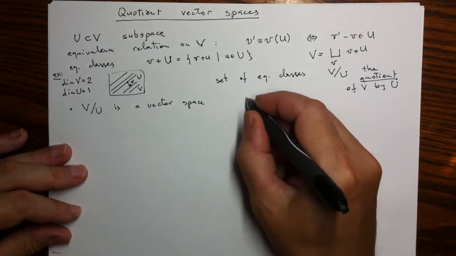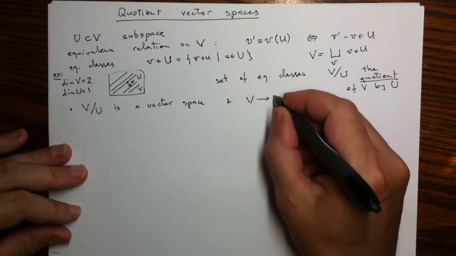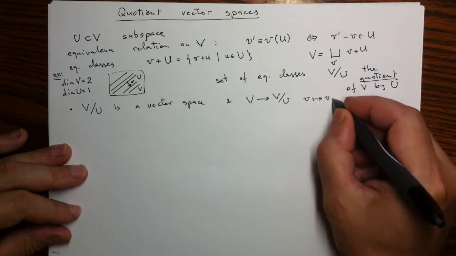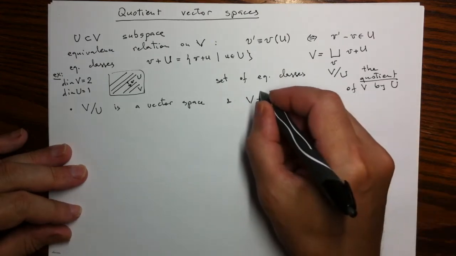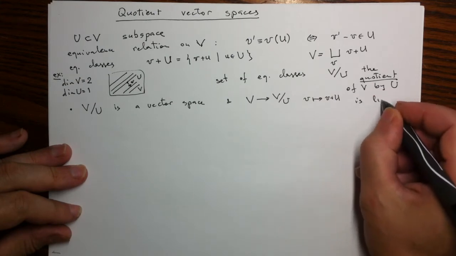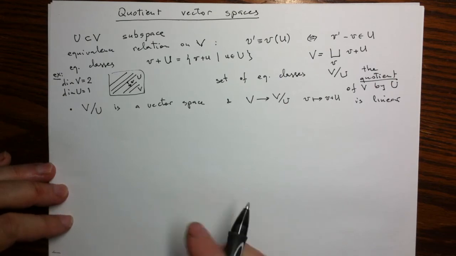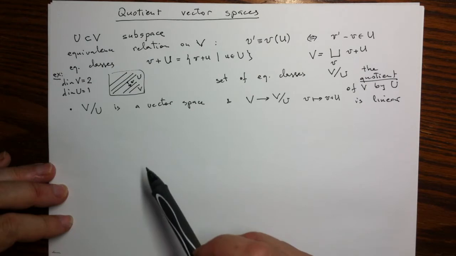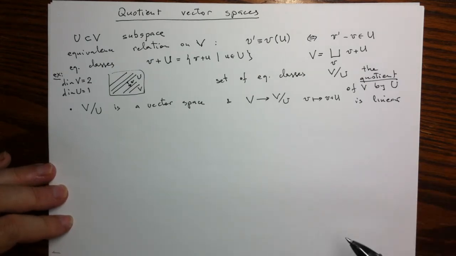And moreover, the quotient map, which just takes a vector and assigns to it its coset, is linear. So we have two statements in one, and that is the naturality of the vector space structure on the quotient. It is natural in the sense that this natural map, which is defined no matter what, is linear.